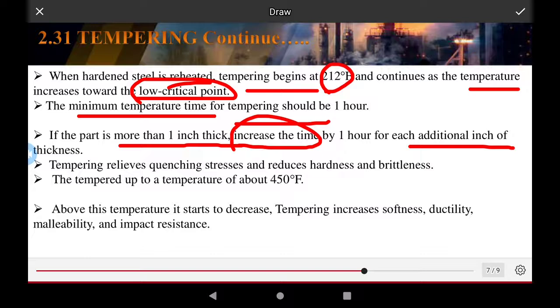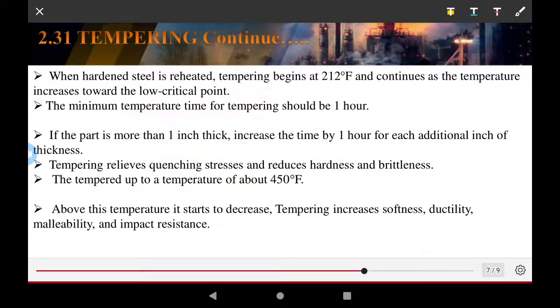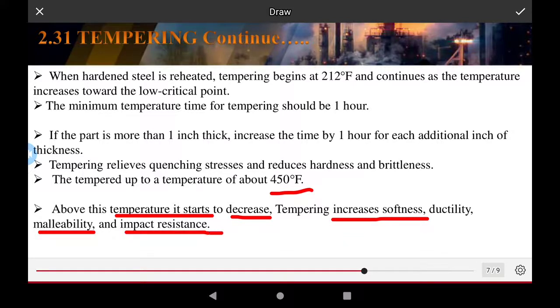Tempering relieves the quench stress and reduces the hardness and brittleness. Up to a temperature of 450 Fahrenheit, hardness decreases slightly. Above that temperature, tempering increases the softness, ductility, malleability, and impact resistance.